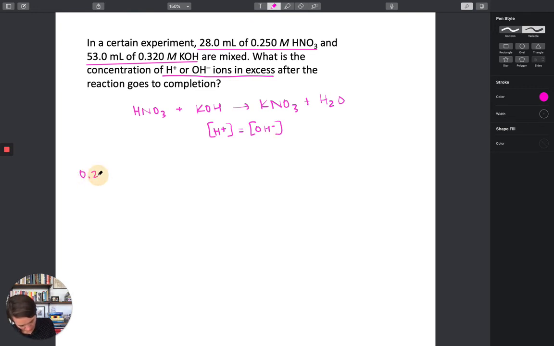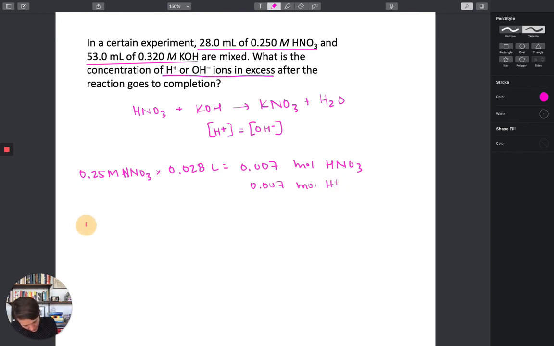So 0.25 molar HNO3 times 0.028 liters is going to give us 0.007 moles of HNO3. In that 0.007 moles of our HNO3, we have 0.007 moles of our hydrogen ion, right? 1-to-1 ratio.